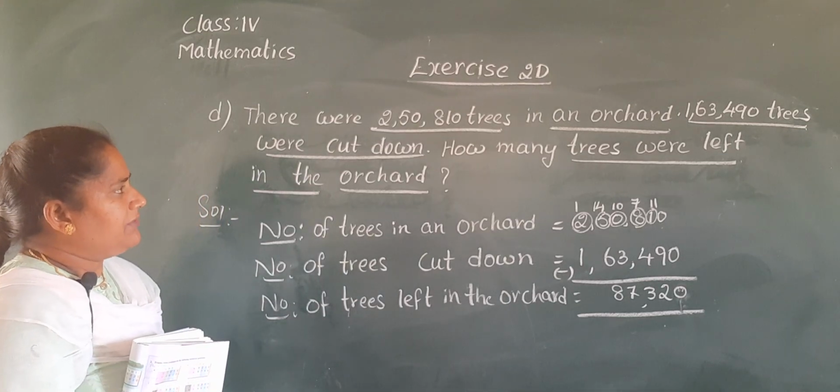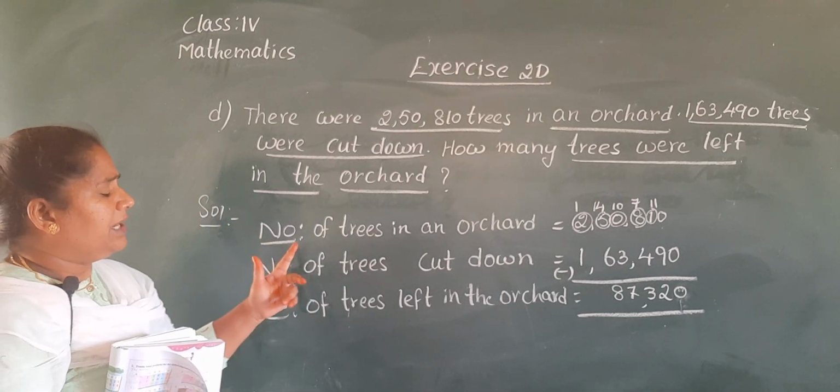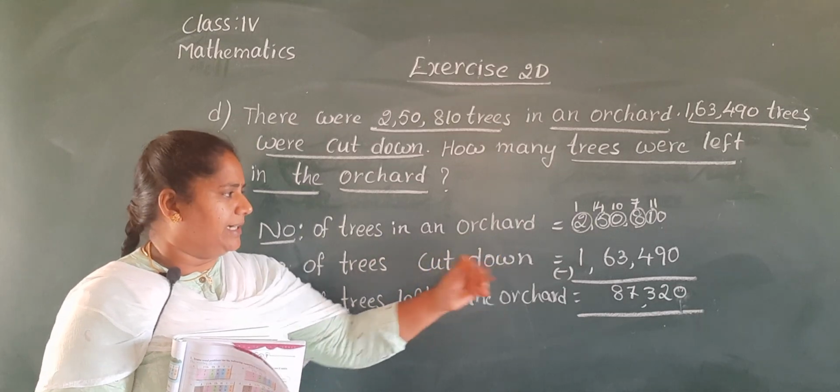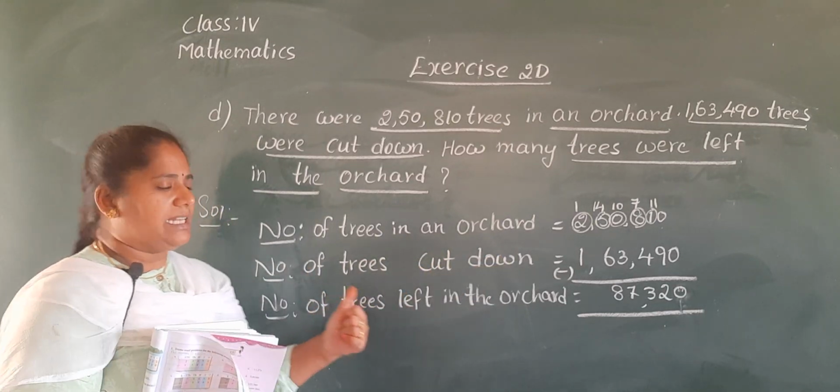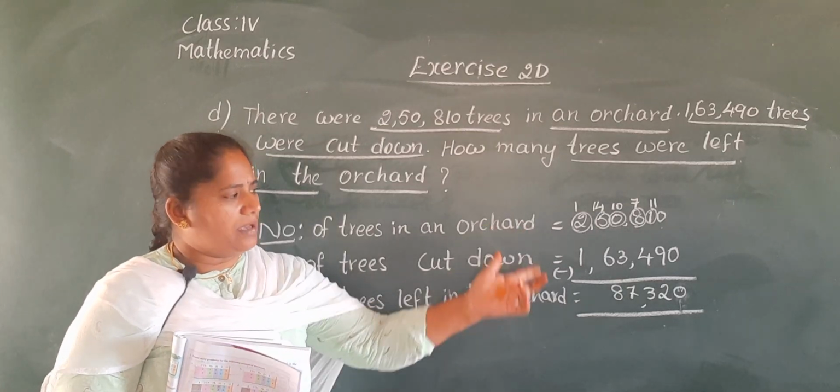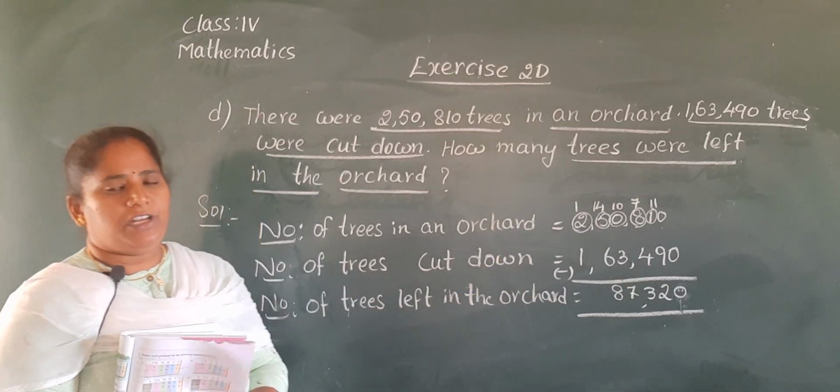So, how to write the first step? Number of trees in an orchard. Number of trees cut down. Number of trees left in the orchard. Okay, ma? Yes, note down in your classwork, ma.